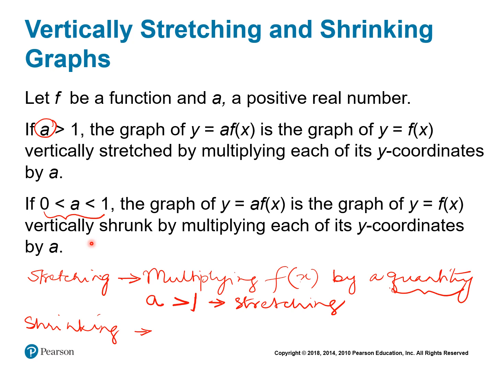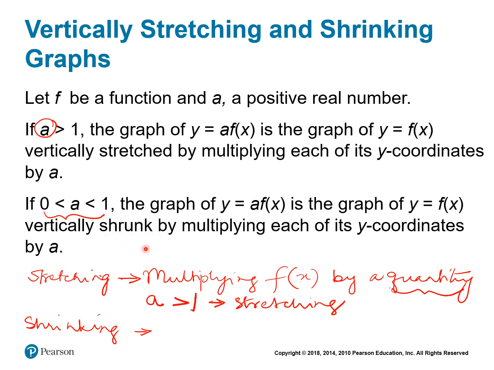Any value which is less than 1 but greater than 0, that means a positive fraction less than 1. When it's a fraction value between 0 and 1, then the graph gets vertically shrunk.